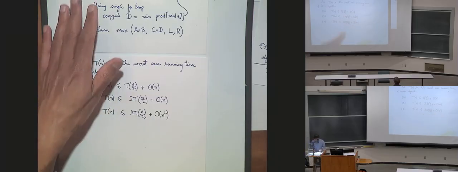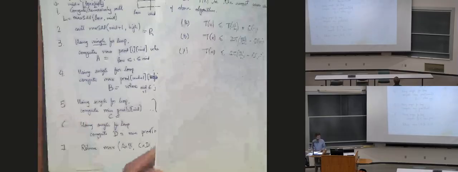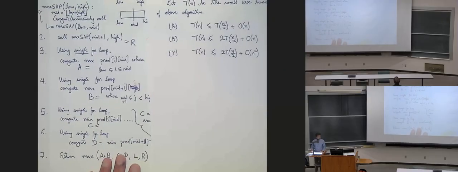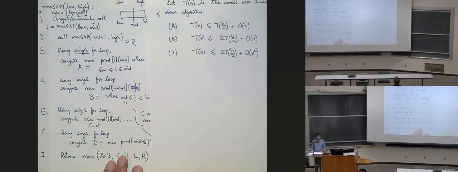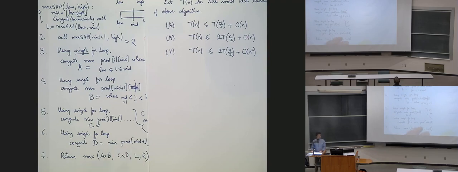Now, if this procedure is clear, then hopefully you should be able to figure out which of these options is the right one. I'll give you a couple minutes. Yeah, okay, so what's the answer?